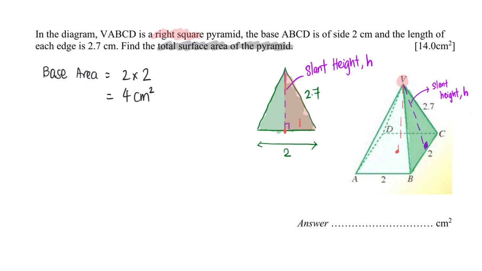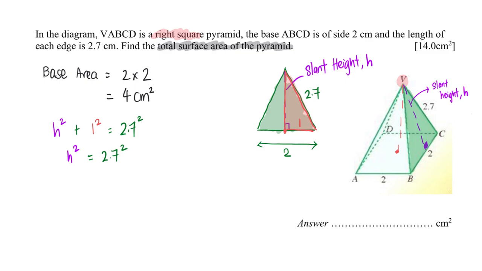Therefore, using this, I could easily find the height. h square plus my 1 square is equal to 2.7 square by Pythagoras theorem. So from here I will be able to get my h fairly quickly.